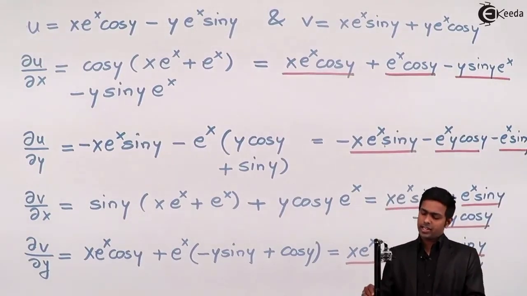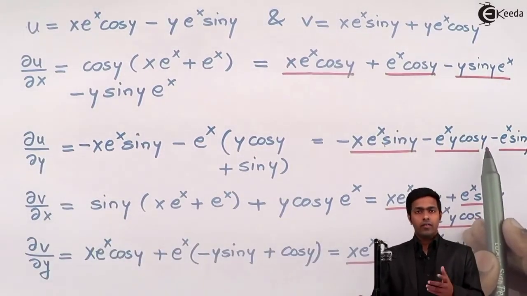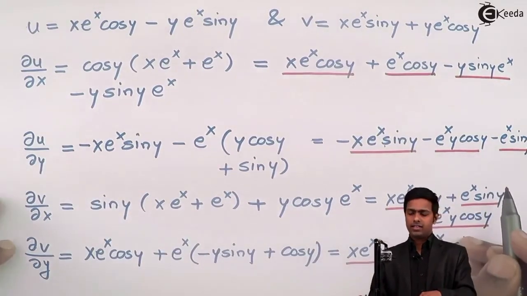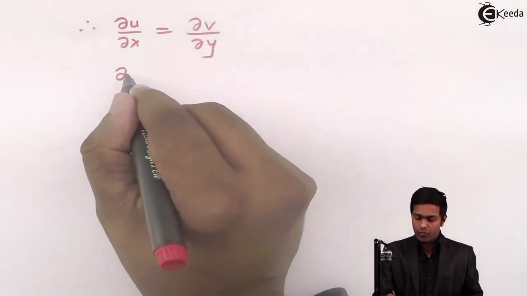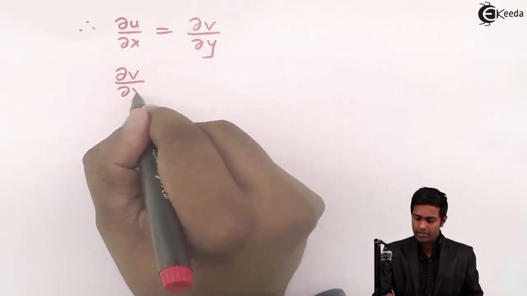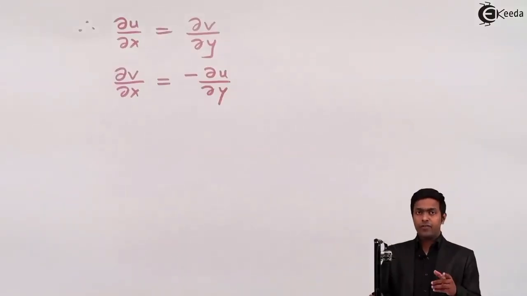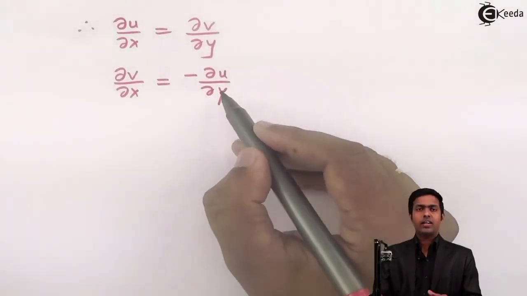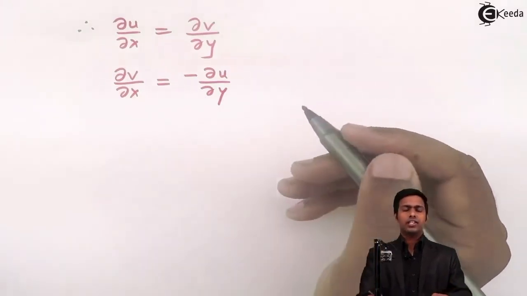So can I say all three functions are repeated in dou u by dou y with negative sign? Yes. So I can say that dou v by dou x is equal to minus dou u by dou y. And guys, these two are nothing but the Cauchy-Riemann equations in Cartesian coordinates.